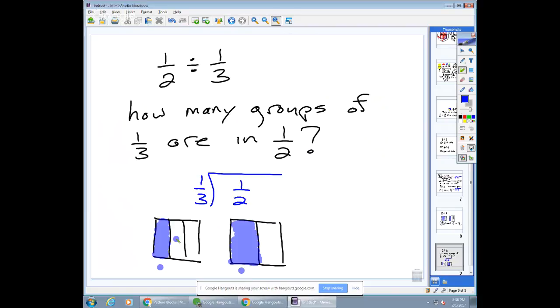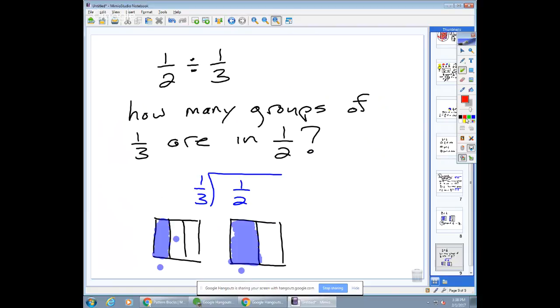Okay, but they're not the same shape. When I was working with addition and subtraction, what did I do to compare them when they weren't the same shape and size? Think back, we did this yesterday. Cut them the same, yeah, they're cut the wrong way. So we have to cut each like the other.